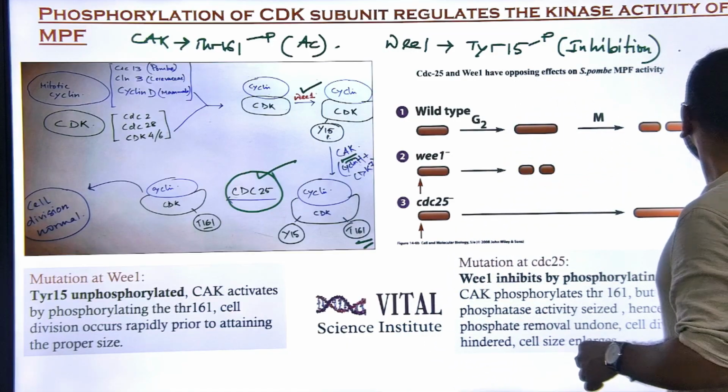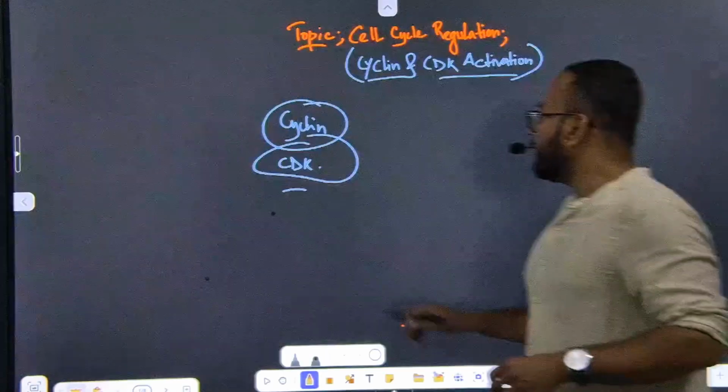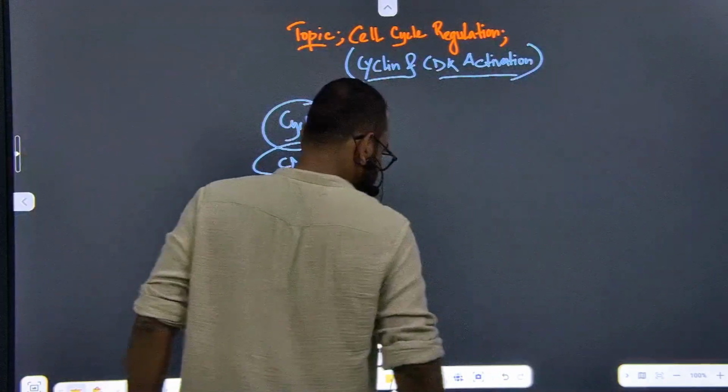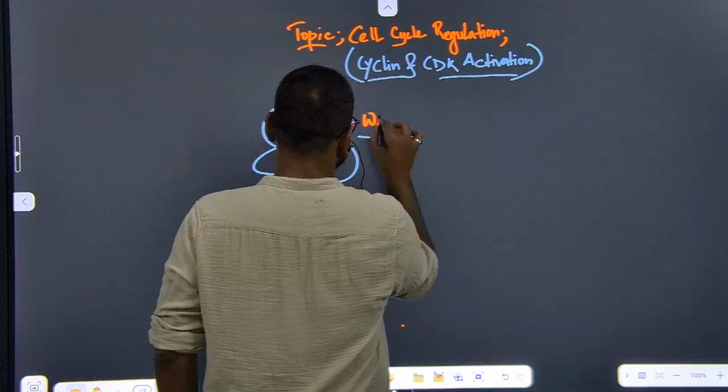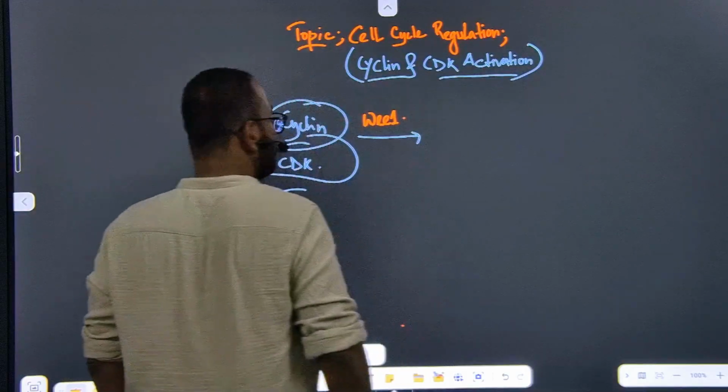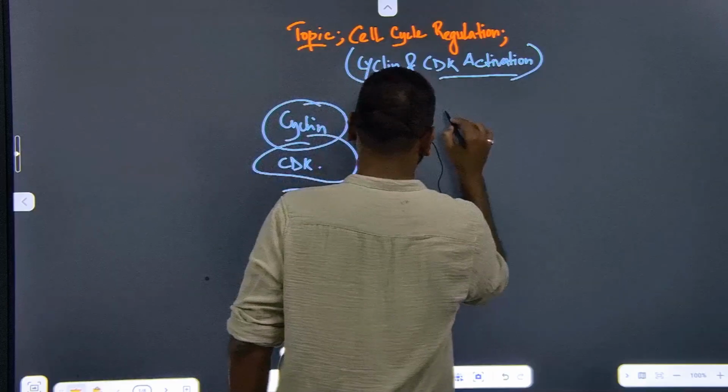It means that when cyclin and CDK are present, V1 comes into action.